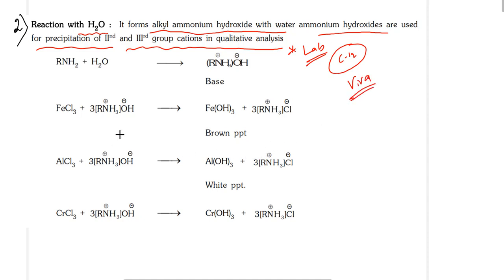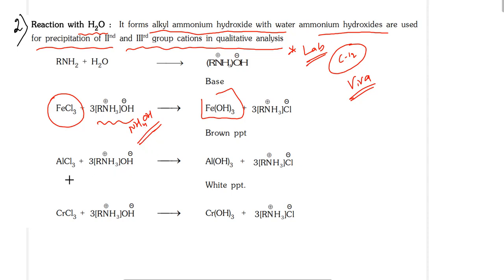So see here, ferric chloride gives a brown precipitate with this alkyl ammonium hydroxide. Generally we take ammonium hydroxide there. Of course, this alkyl ammonium hydroxide also shows similar properties to ammonium hydroxide.